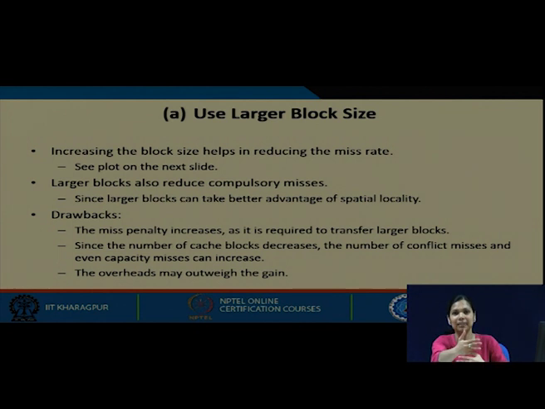If the cache size remains limited, then with a larger block size there will be a smaller number of blocks. So, if you want to bring two blocks together, it will be a problem. With a larger block size, the overhead might outweigh the gain. The gain which we were expecting we might not get, and the overhead becomes much more.